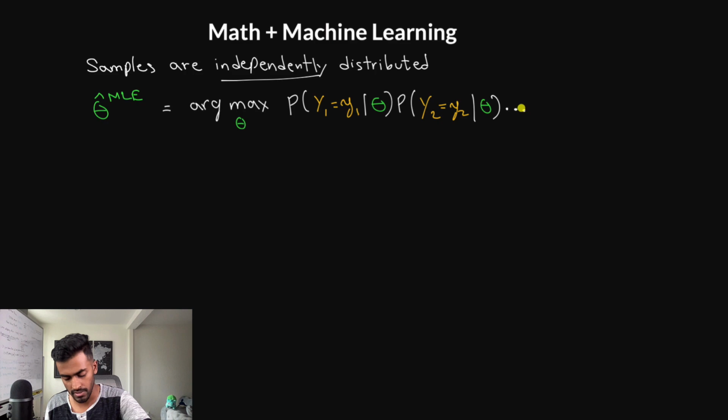I'm going to write triple dots over here since it's a product of 10,000 terms all the way up to y 10,000. And that is equal to the small y 10,000 given the value of theta.